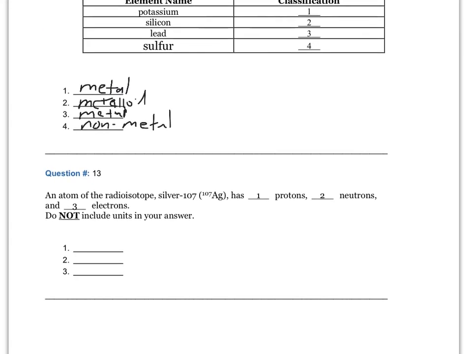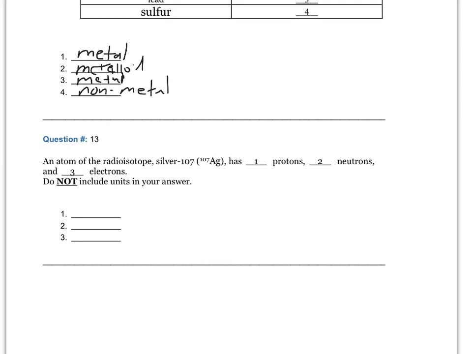Question 13. An atom of the isotope silver-107 has blank protons and blank neutrons and blank electrons. Do not include units in your answer.